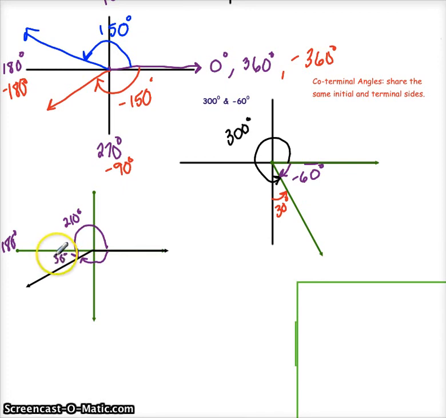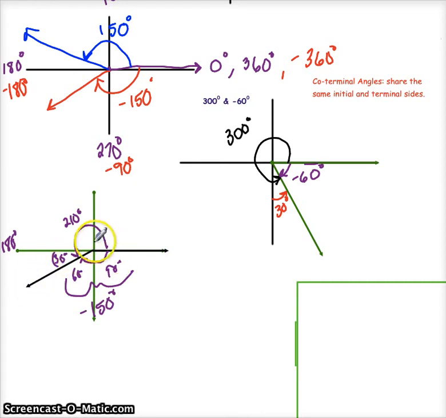So if this small angle is 30, then this distance is 60. Good. Okay, so this distance is 60, this distance is 90. So our coterminal angle is negative 150 degrees. These angles have the same initial side and the same terminal side.